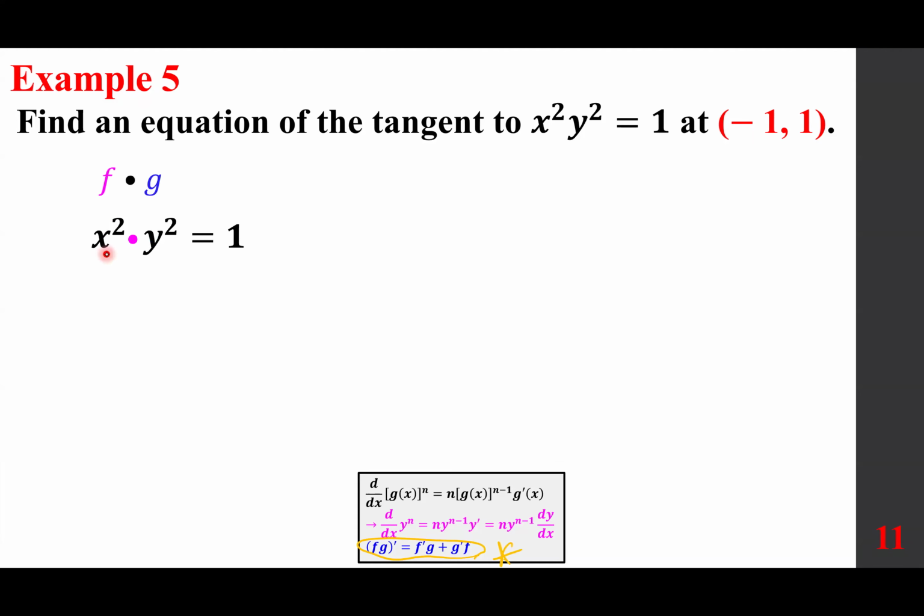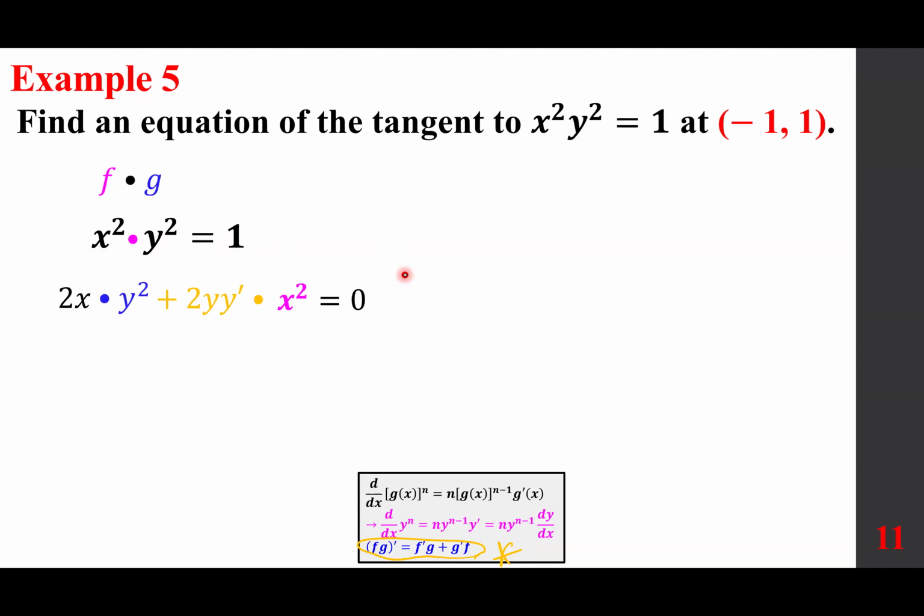So f prime is simply 2x times g, y squared, plus g prime, 2y y prime, times f, which is x squared. Right side 1, you differentiate, you get 0. And this is, believe it or not, the only calculus step.